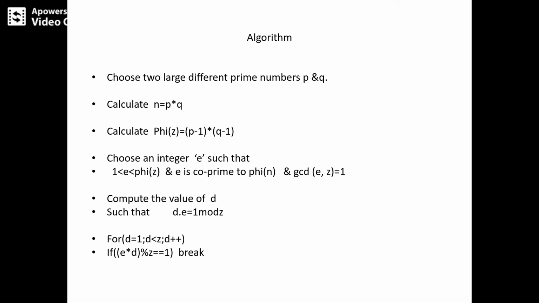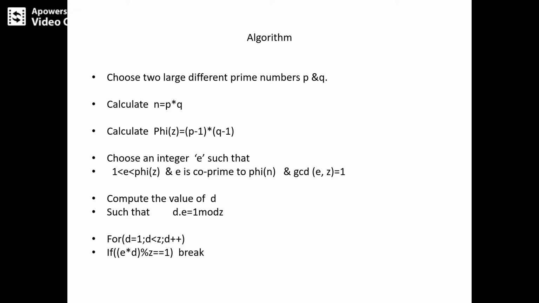First, we need to choose two large distinct prime numbers. We can name them P and Q. The next step is the product of these two prime numbers, so n is equal to the first prime number times the second prime number.